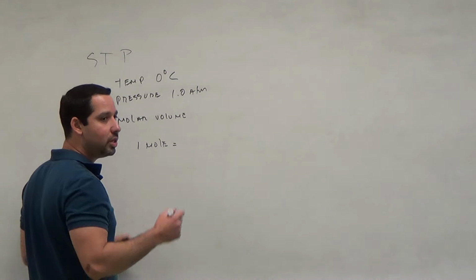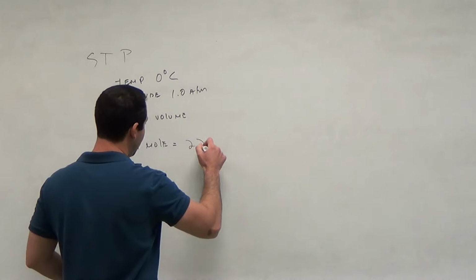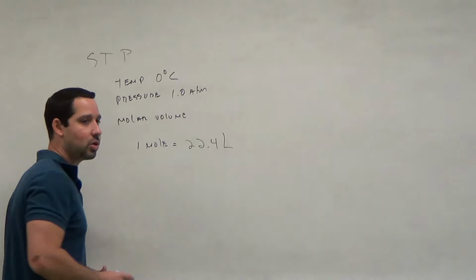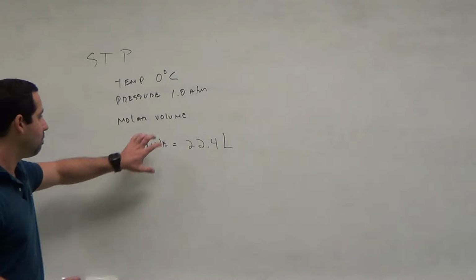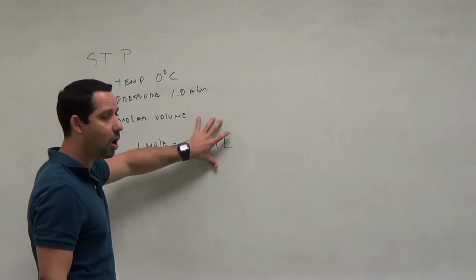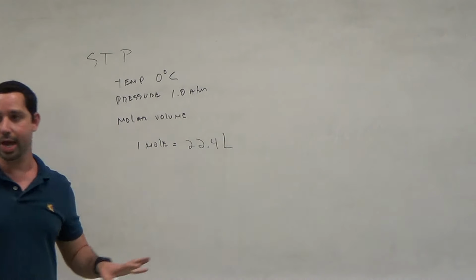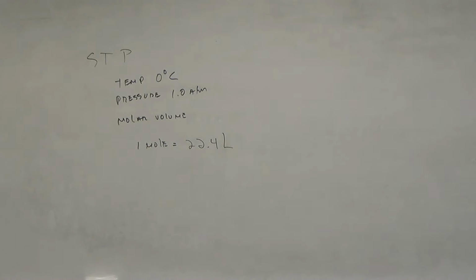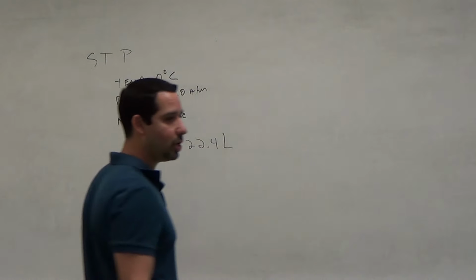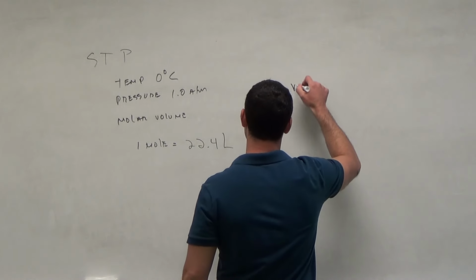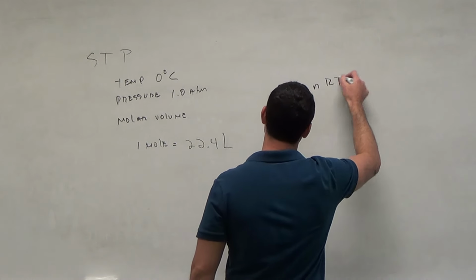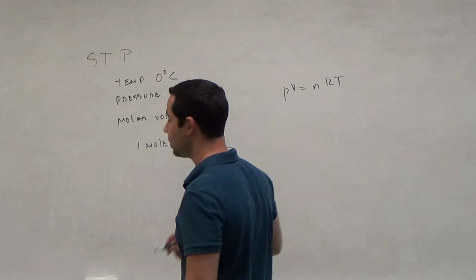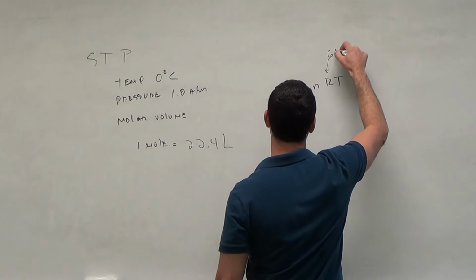1 mole is equal to 22.4 liters. That's called molar volume, yes? Molar for 1 mole, and volume, all gases at those temperatures occupying the same volume. Okay. So we have the ideal gas equation, yes? PV is equal to nRT. This R is called the gas constant.